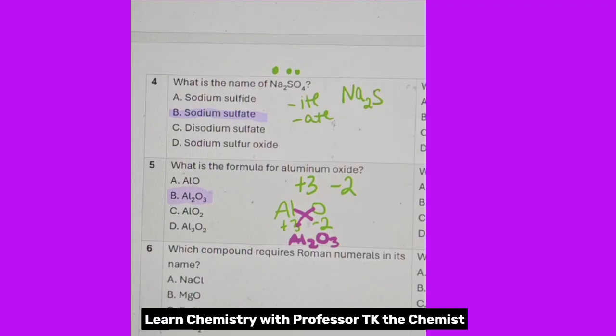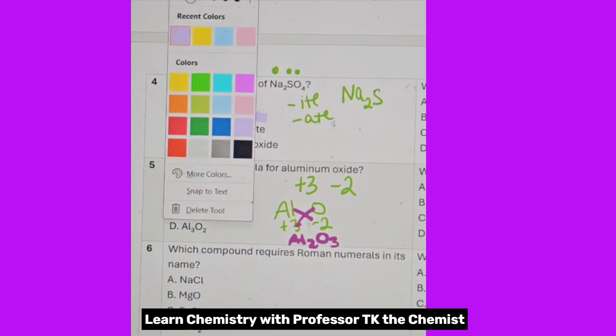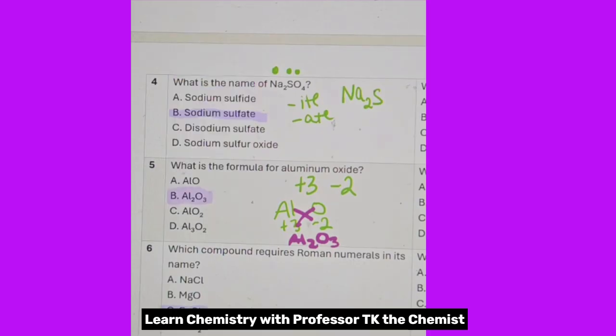Number 6. The question is, which compound requires Roman numerals? Now, we talked about this earlier this week. Yes, transition metal. So yes, sulfide, y'all are correct. It is C. And why?